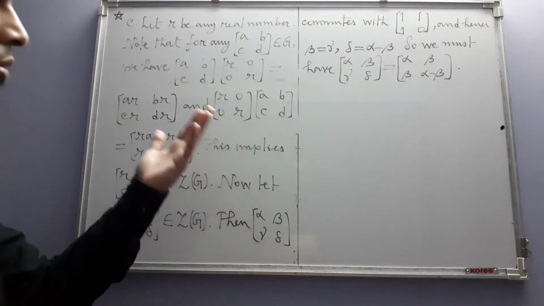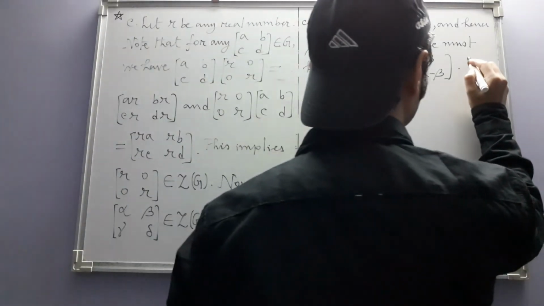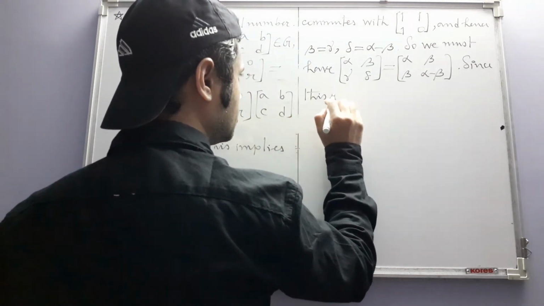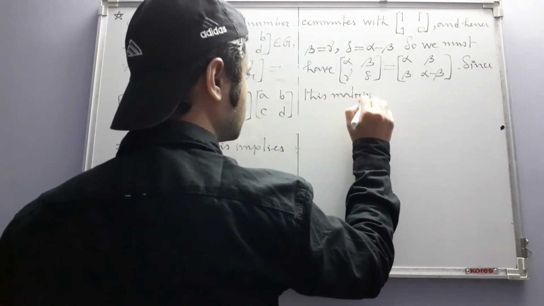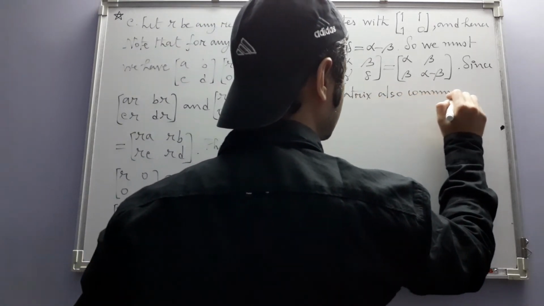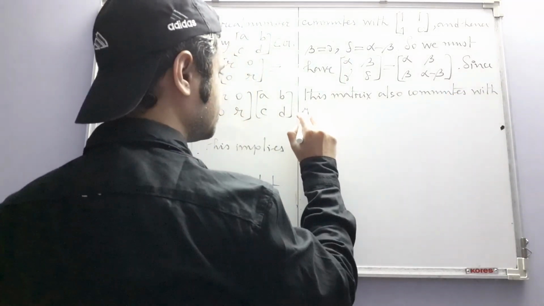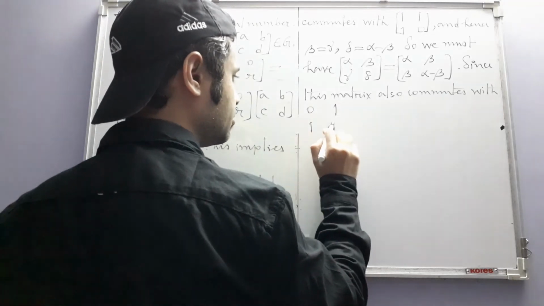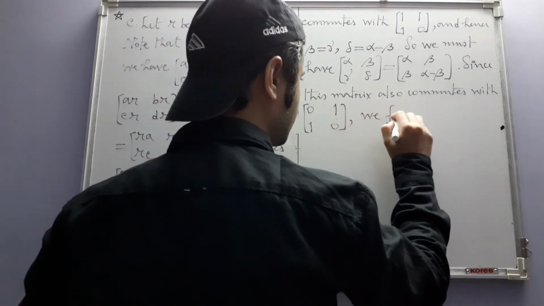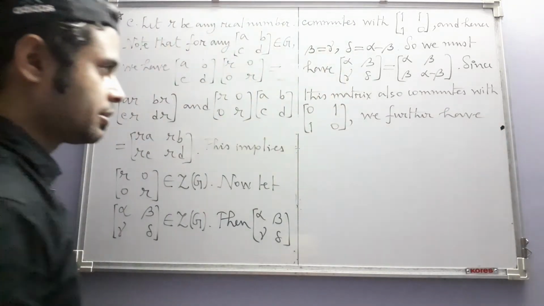But again, the matrix should also commute with that other matrix, since this matrix also commutes with 0 1 1 0. We will further have what?